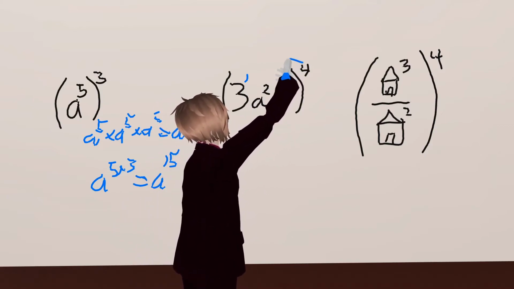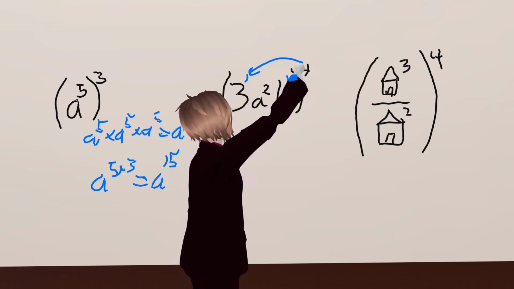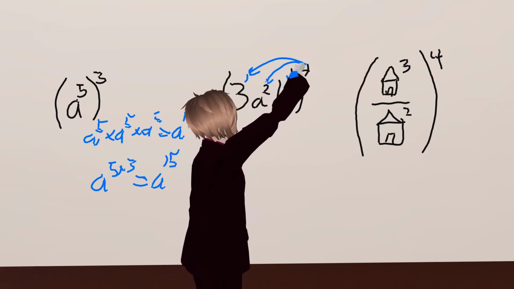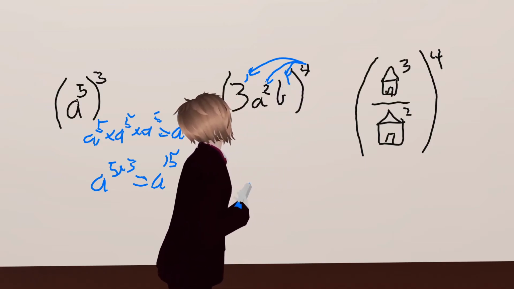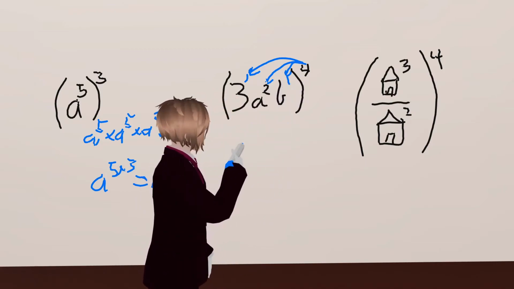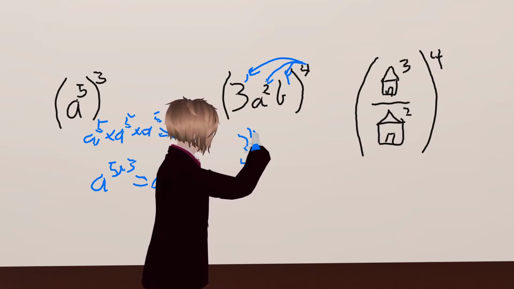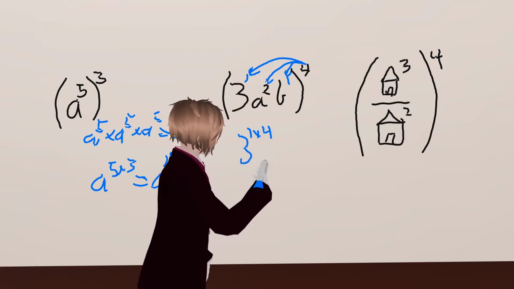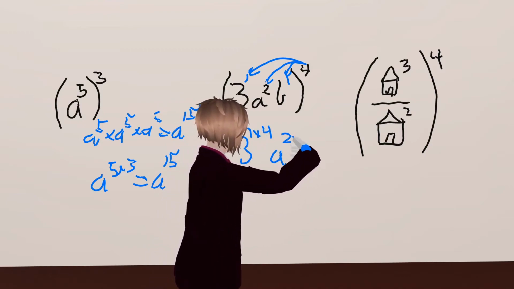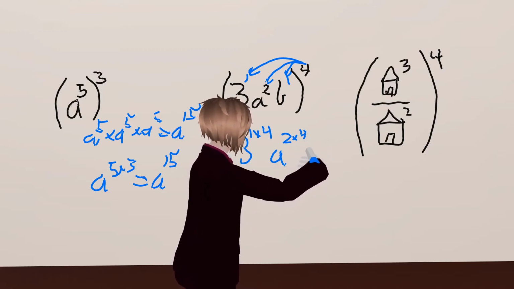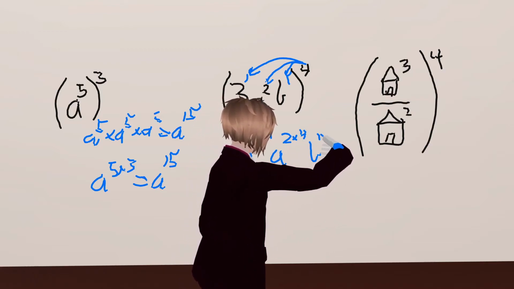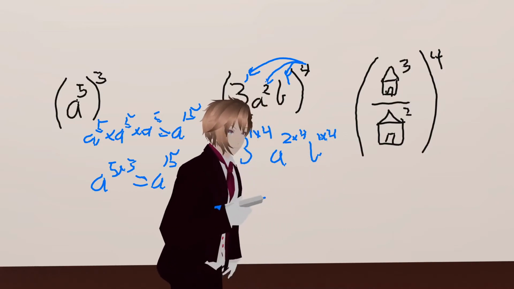So we're going to do 4 times 1, we're going to do 4 times 2, and we're going to do 4 times 1. So we're going to end up with 3 to the power of 1 times 4, a to the power of 2 times 4, and then b to the power of 1 times 4.